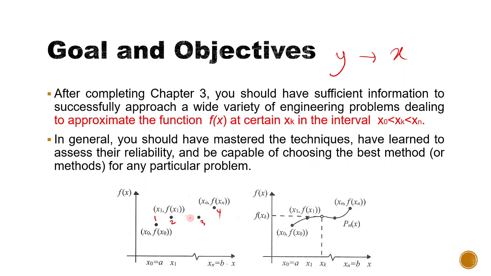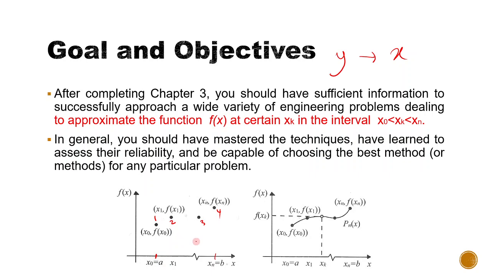We want to find the value of f(x) at a certain value of x in between the known values. This is important: in between the known values, inside the interval a and b. That is called interpolation.